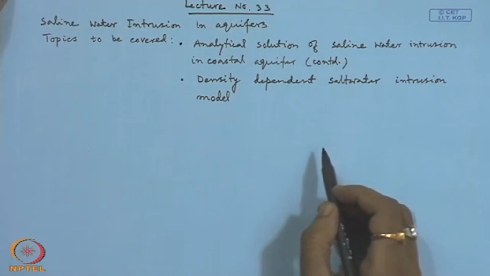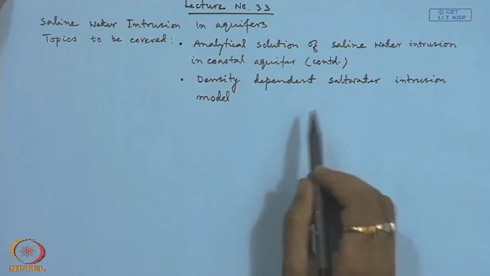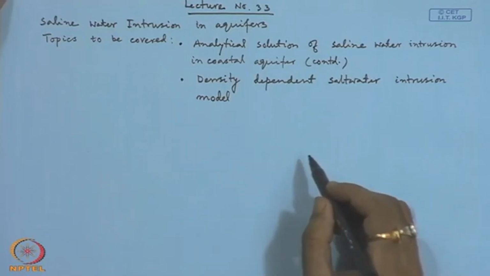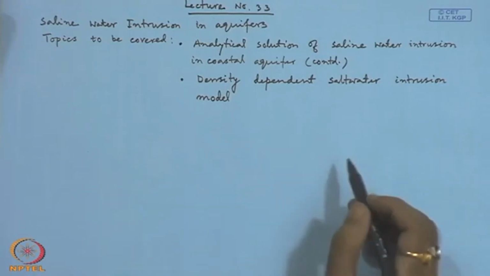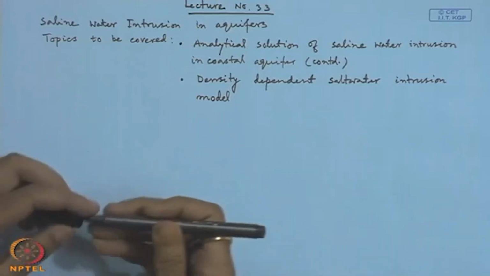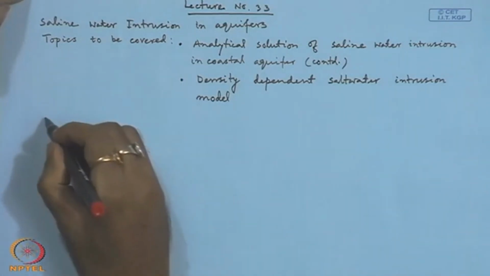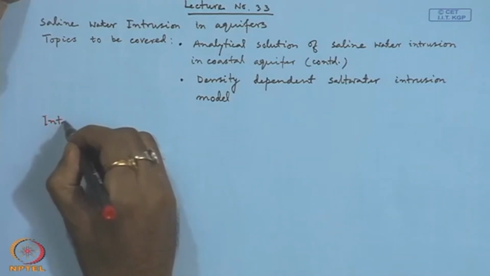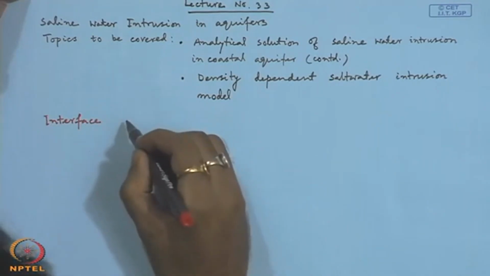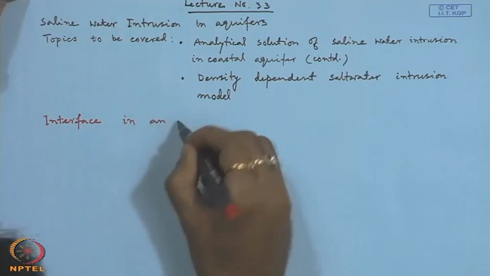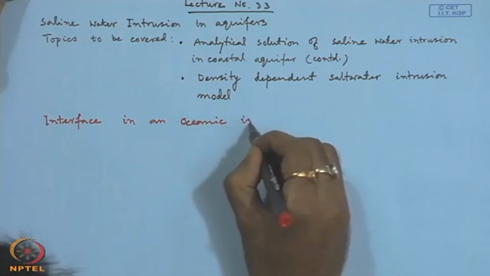We have already talked about saltwater intrusion in confined and unconfined aquifers. Now, let us derive the relationship that exists in oceanic islands. So, interface in an oceanic island.